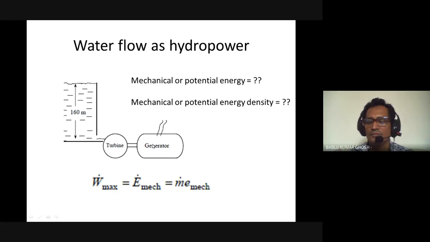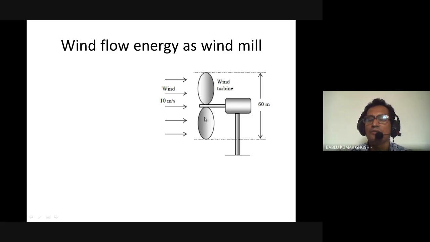Here also, this rotational torque from the wind speed or wind velocity will rotate the rotor inside the generator, inside the magnetic field, and ultimately it will produce electricity. So here, how many parameters do we need? We need the diameter of the blade, because here the total diameter is shown as 60 meters, which is very big.